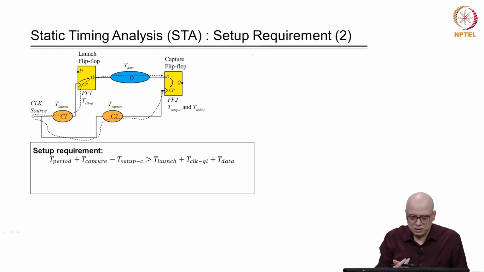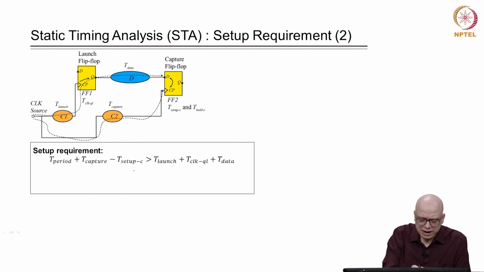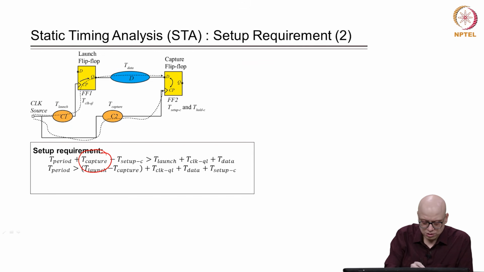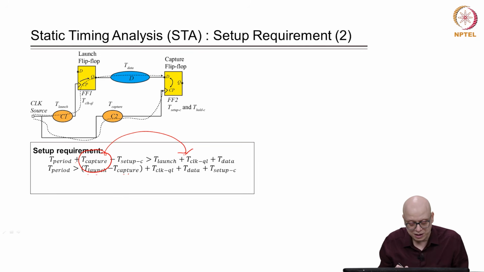Now, we can write the same equation by moving this T capture to the other side. So, we get T launch minus T capture, and the other terms remain the same.